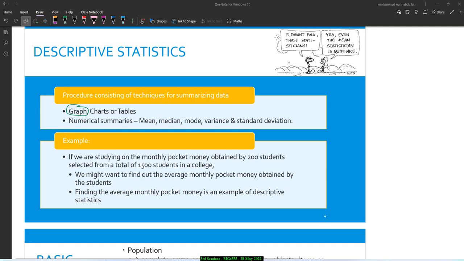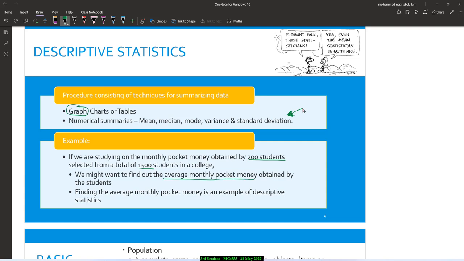I think you're already familiar with mean, mode, median, variance and deviation, right? Kita dah belajar this one since tingkatan 5 lagi, dalam SPM, Mathematics, I think Math Modern. For example, if you are studying the monthly pocket money obtained by 200 students selected from a total of 1,500 students in college, we might want to know the average monthly pocket money obtained by the students.